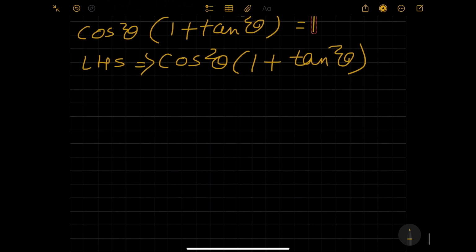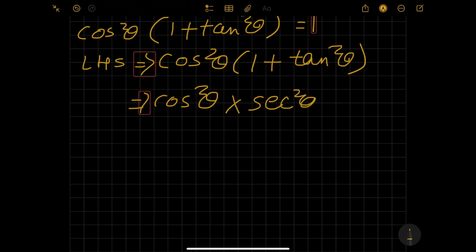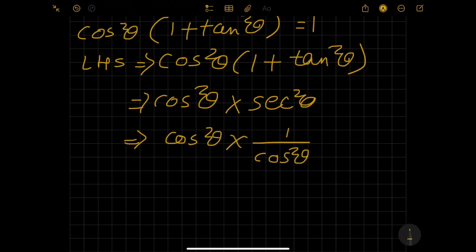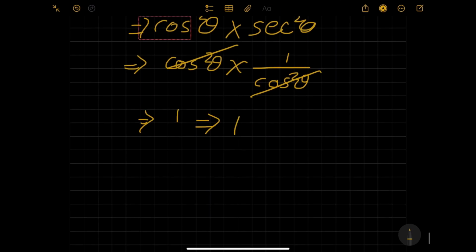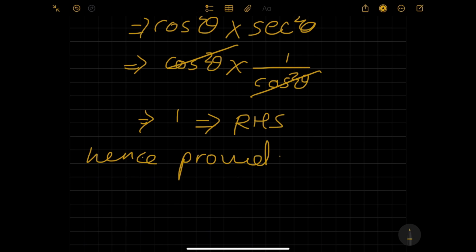I know the identity that 1 plus tan square theta is sec square theta, right? Now here we have cos square theta and sec square theta. Sec square theta is 1 over cos square theta, so we have them as inverses. So this cos square theta and cos square theta will get cancelled. We'll get 1, which gives us the RHS. So hence proved. Clear?